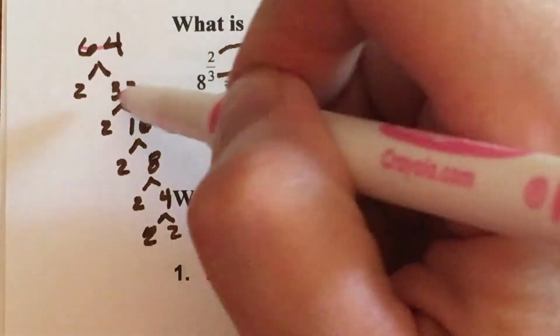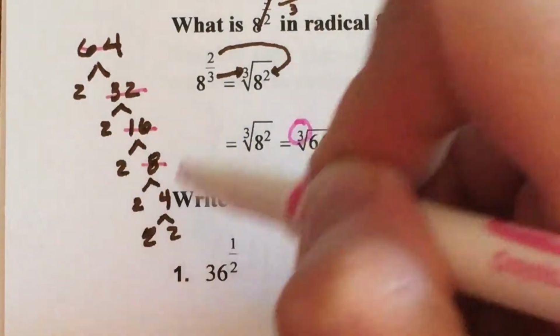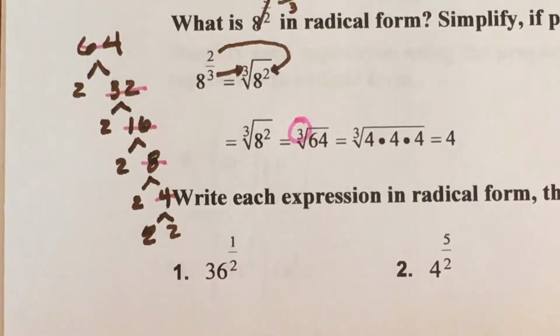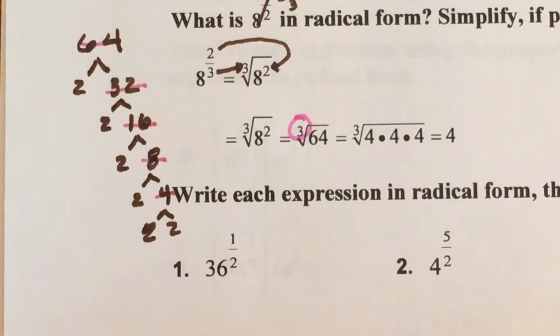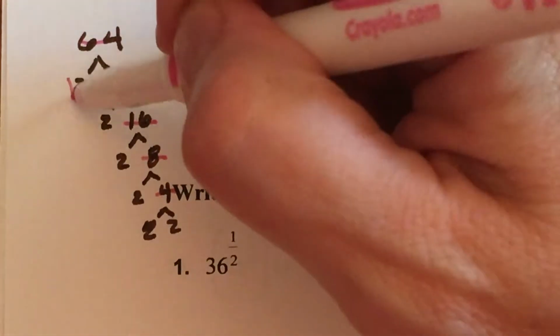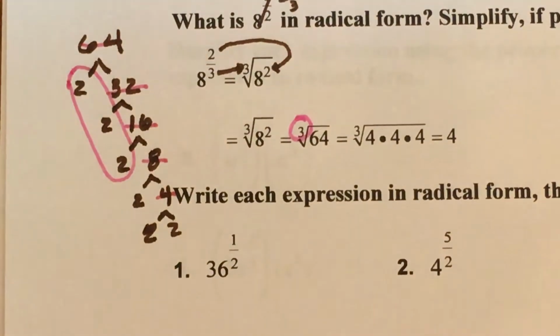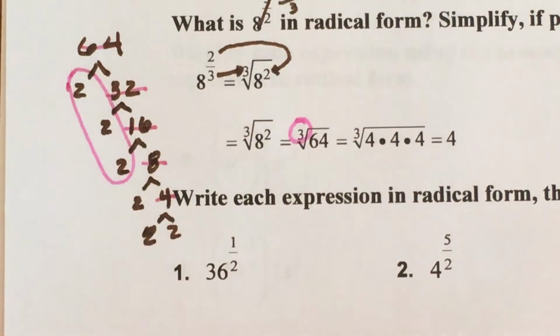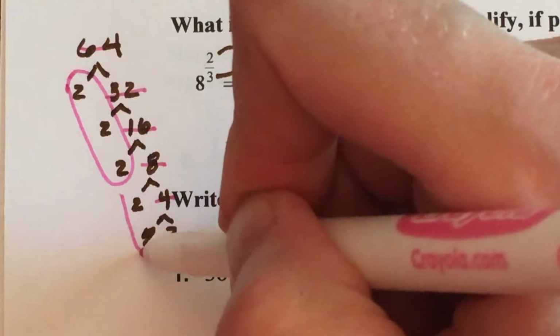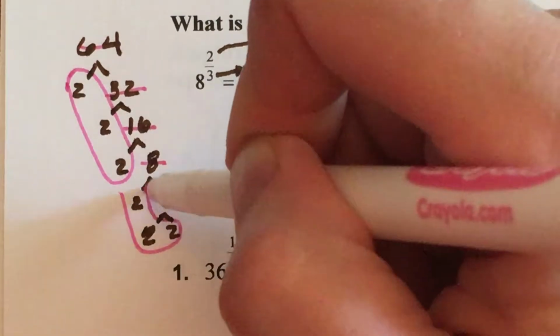I am not looking at any of the composites. I am looking strictly at the prime numbers. I have 3 2s right here. Let's circle them up. And I have another 3 2's right here. Let's circle them up.